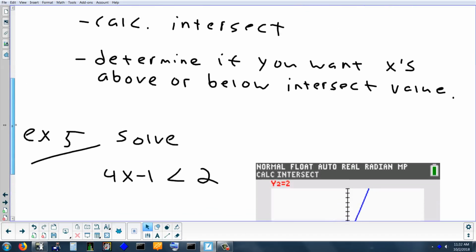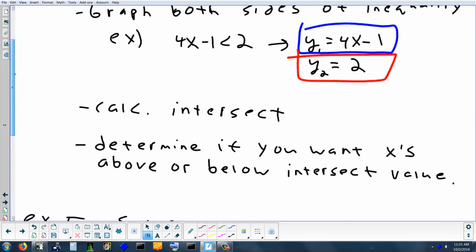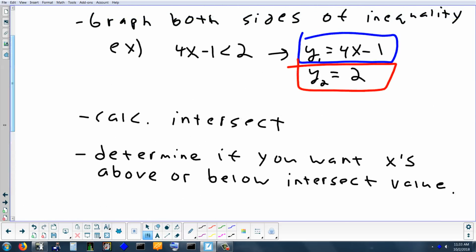So now determine if I want the x's above 0.75 or below. Well, if I go above 0.75, like if I pick 3, I'd be right there on the red graph. I would be way up here on the blue graph. After 0.75, the blue graph is above the red. That's not what they wanted. They want the blue graph less than the red.